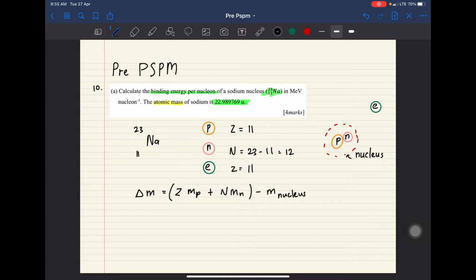To find the mass of nucleus, you can use this formula. Obviously you have to do it on this side, but for the sake of showing it to you, I just show it over here. Mass of nucleus equals mass of atom minus number of electrons multiplied by the mass of electron.